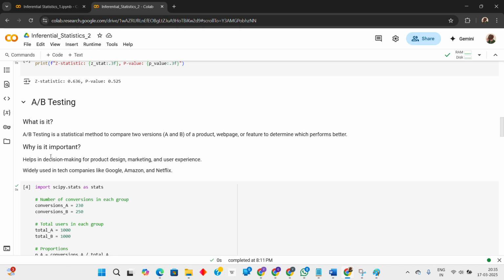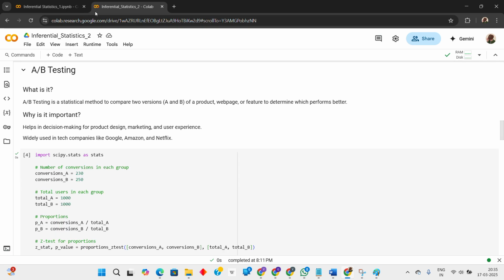It is important because it helps in decision making for product design, marketing and user experience. It is widely used in tech companies like Google, Amazon, Netflix, just to determine which one is really good. Compare two versions, A or B, either two products or two web pages or two features, which is really good. Then we can use A/B testing.